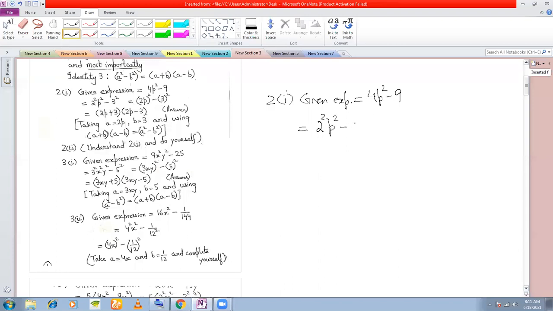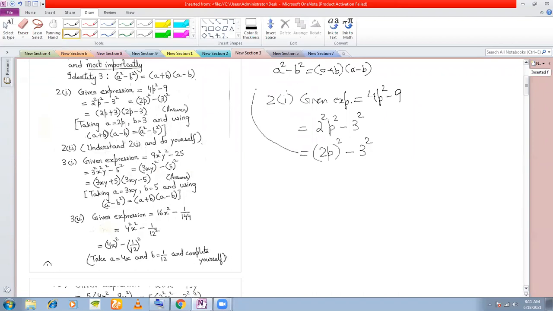Also you see that 9 is also a perfect square, it can be written as 3 square. Now you see that 2 square p square can be written as 2p whole square, and 3 square we write as it is. Now you see this is of the form a square minus b square.